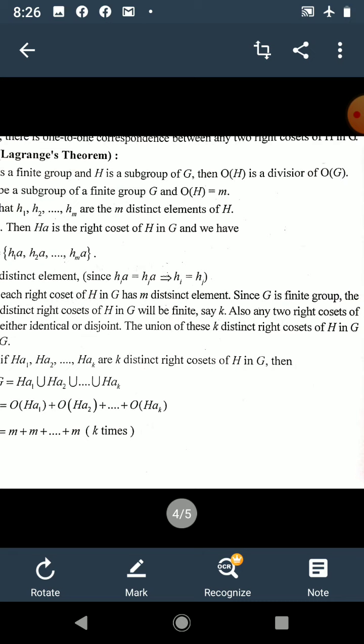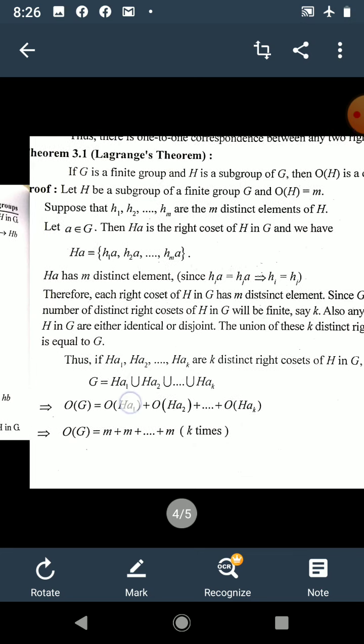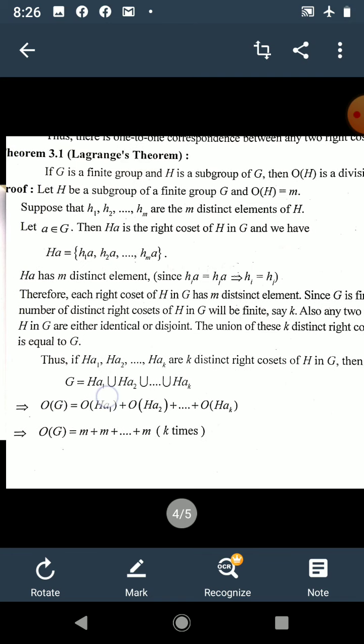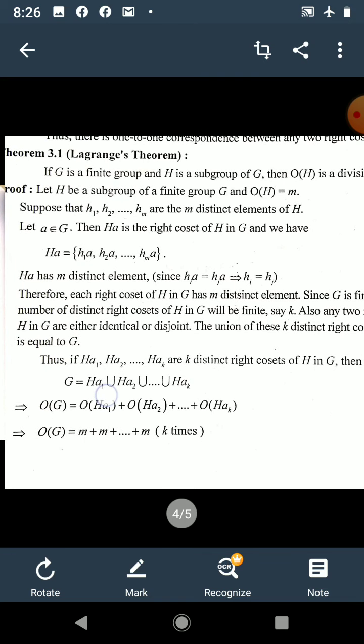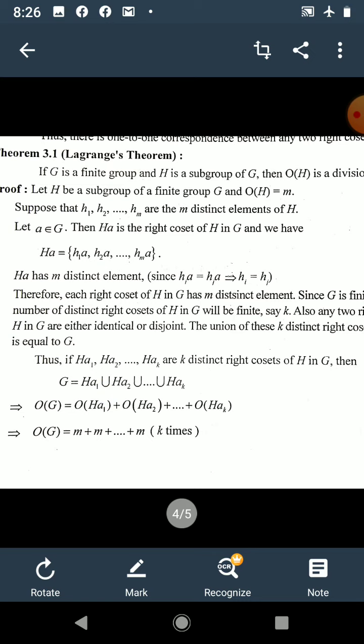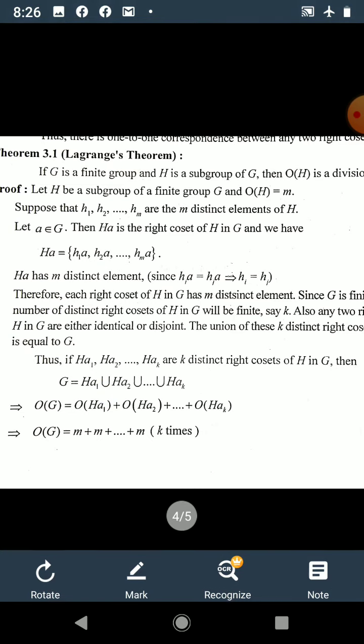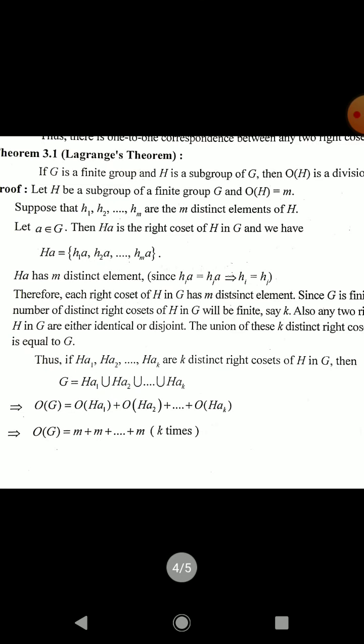Any two right cosets are either identical or distinct, and the union of all right cosets is equal to the group G. We have seen these two remarks, and using them, as Ha1, Ha2, ..., Hak are the k distinct right cosets of G, the union of all these k right cosets must be equal to G.